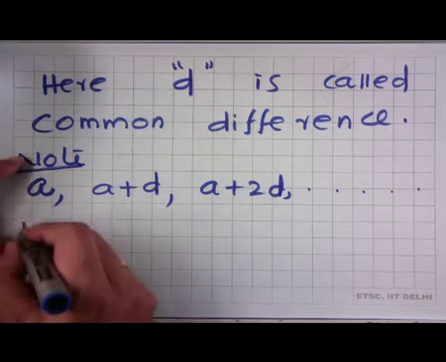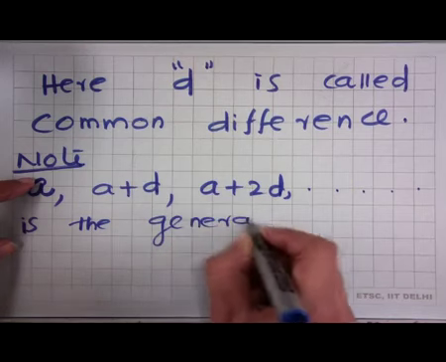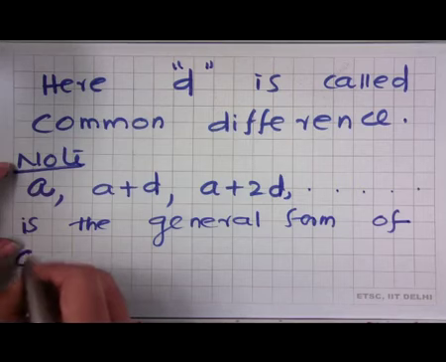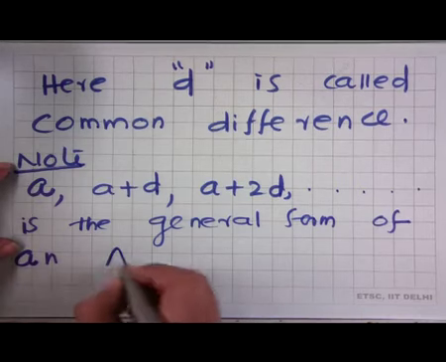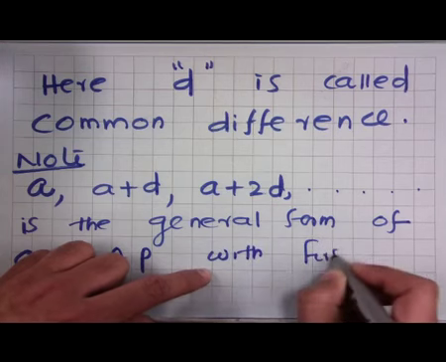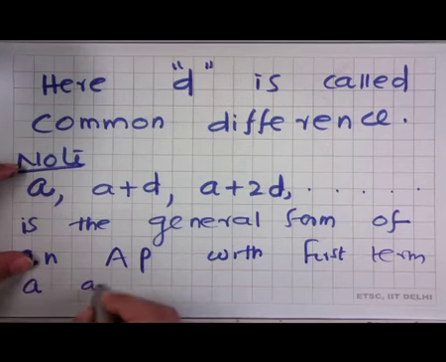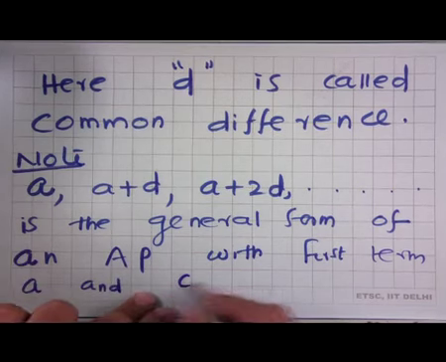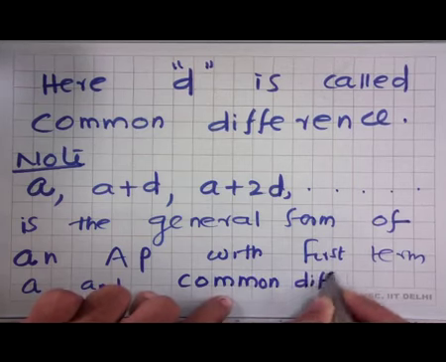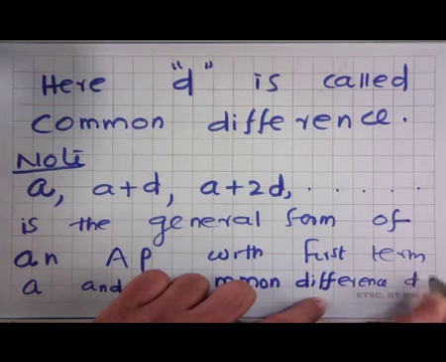Thus, a, a plus d, a plus 2d is the general form of an arithmetic progression with first term a and common difference d.